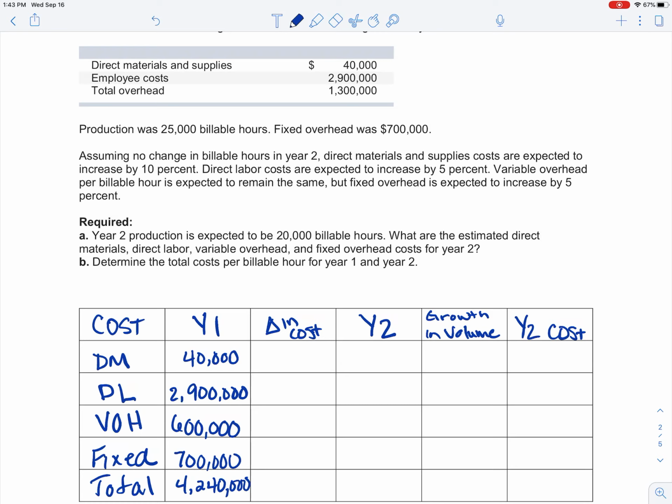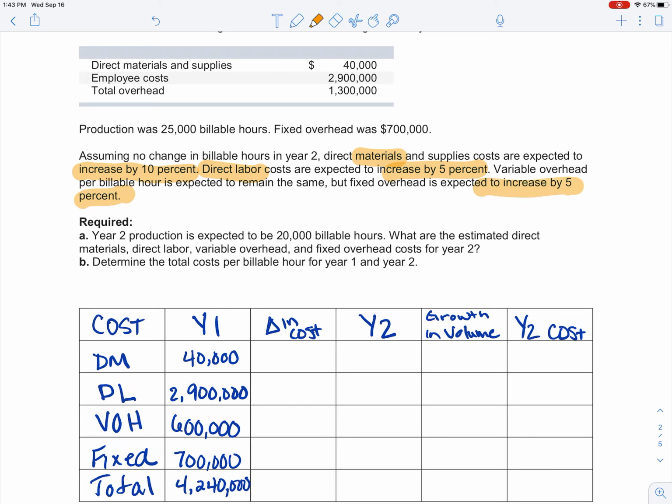Now if I read through some of this information, it says that materials and supply costs are expected to increase by 10% for materials. Direct labor is going to increase by 5%, and variable overhead will remain the same. Fixed overhead is expected to increase by 5%.